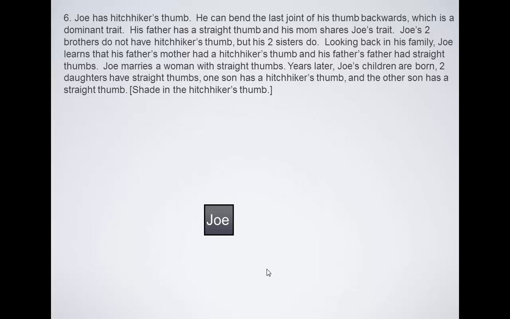Now it talks about his father. So his father's going to need to go up above him. His father has a straight thumb, so he doesn't have hitchhiker's thumb. But his mom shares his trait, so she does. So now we have Joe, and now we have his parents.